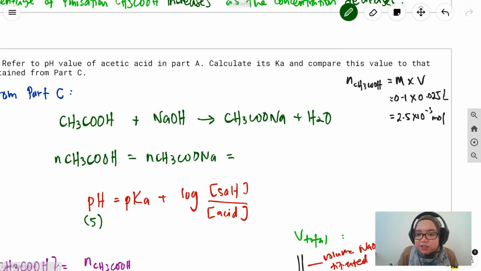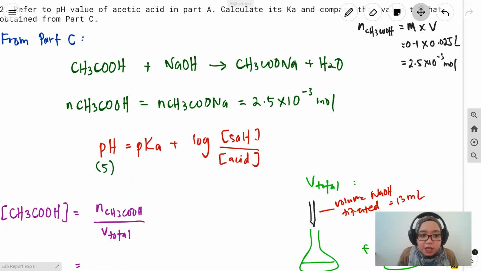The number of mole of CH3COOH equals 0.1 times 0.025 liter, which is 2.5 times 10 to the power of negative 3 mole. So the number of mole of acid and salt is 2.5 times 10 to the power of negative 3 mole.